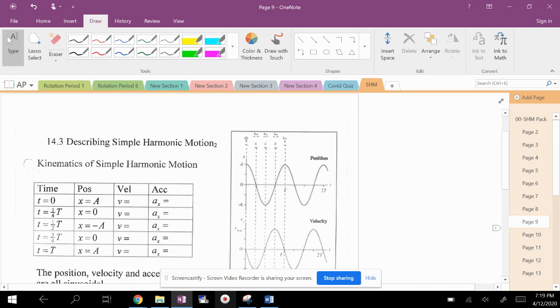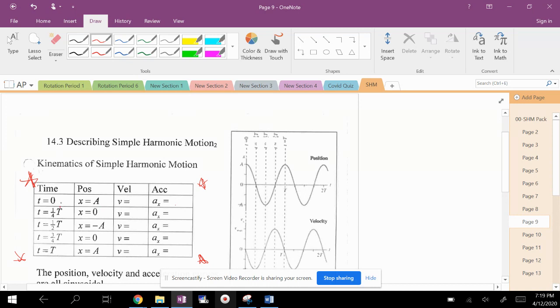So now we're going to fill in some of these things. You should actually perhaps pause the video and see if you can fill this in on your own. Okay. So I would say pause the video now and figure out what these are.